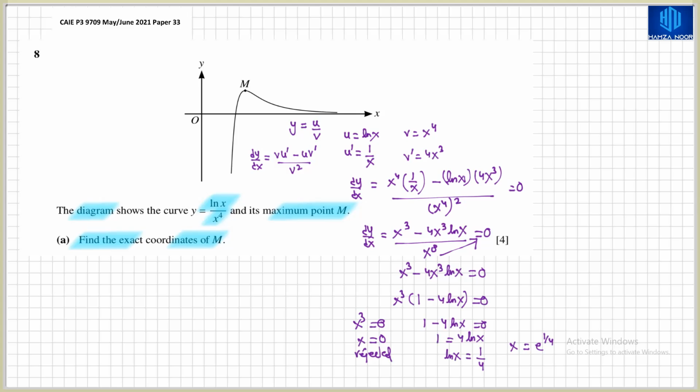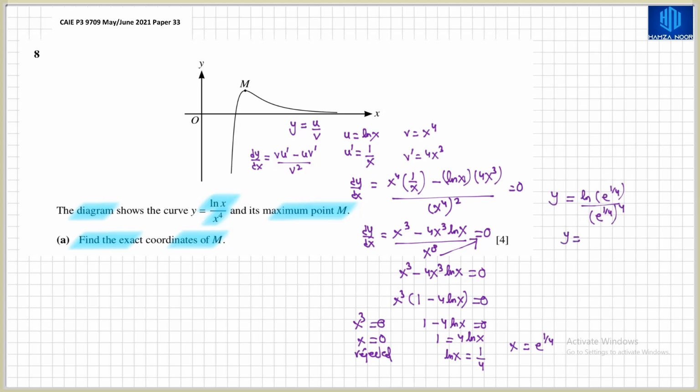Obviously we need to find the corresponding y coordinate as well, and for that purpose we substitute this value of x into the equation of the curve. So y equals ln e raised to the power 1 over 4, divided by e raised to the power 1 over 4, raised to the power 4.